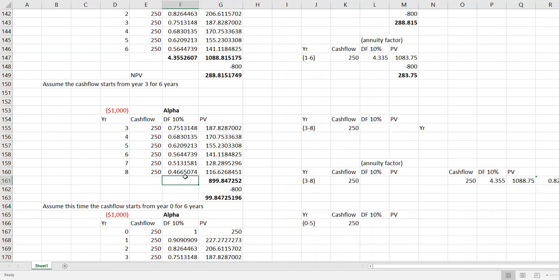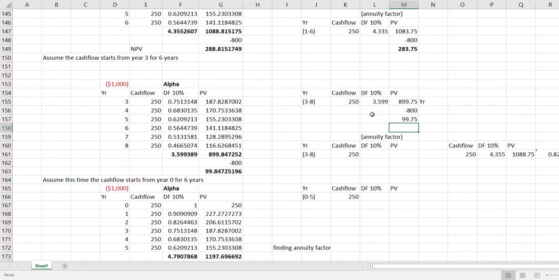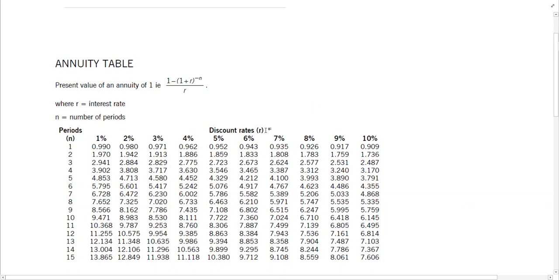I can add this as well, 3.599 should give me the same answer. Now the problem is with the annuity table.